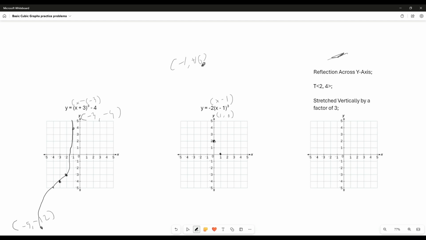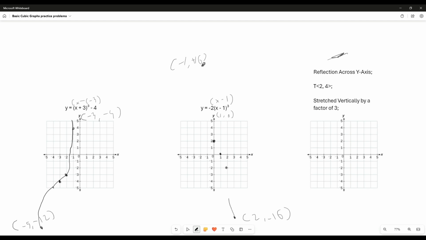Same thing on the other side. Over 1, down 2, because its a value is 2. Then over 1, down 7 times 2, because a is 2, so down 7a, so it's going to be somewhere down here. Let's label that point, so it's 3, and then we're at -2, and we're going down 14, so it's (2, -16).